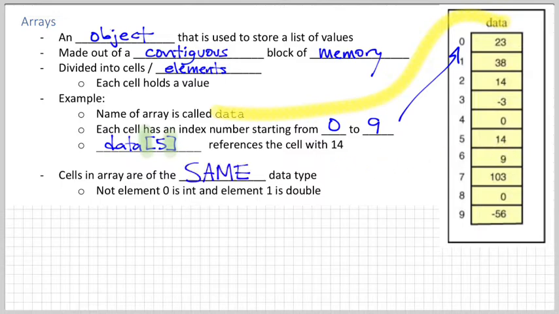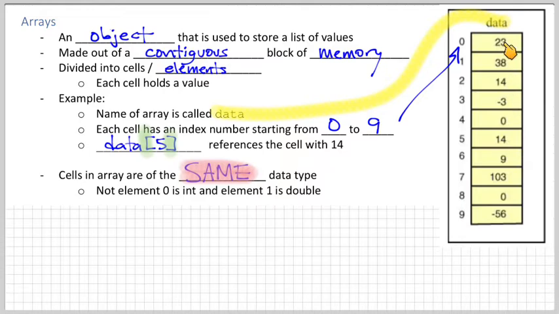Now, this is where things are different. In Java, every single item in here must be of the same data type. So I can't have the first one be an integer and the second one being a double, then the next one being a turtle, and then the next one being a string.